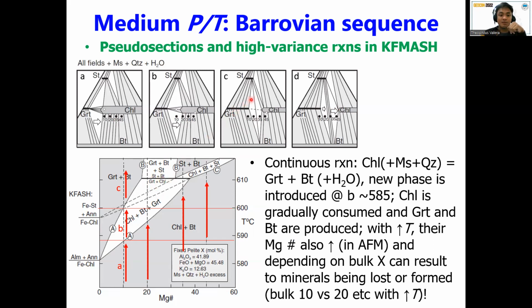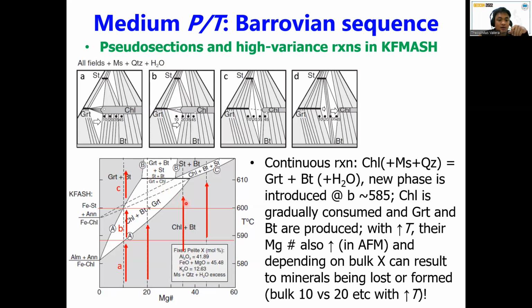Sa AFM diagram, ganito yung itsura niya, from garnet chlorite biotite na field magiging garnet biotite and staurolite because of the tie line flip. So ganito dito na yun siya. Okay? Now let's look at magnesium XMG 30, let's say 35.